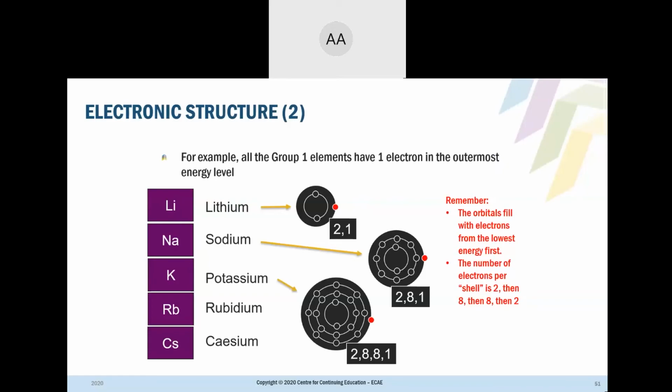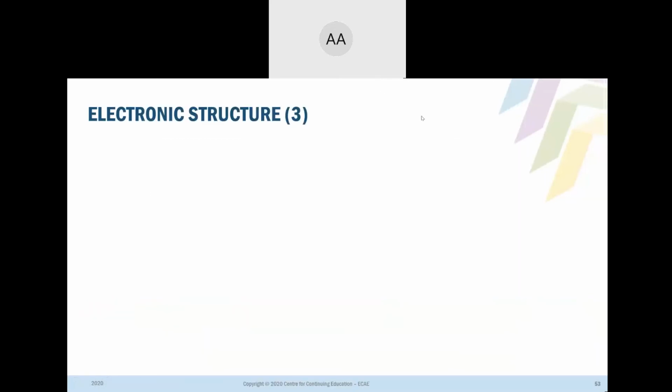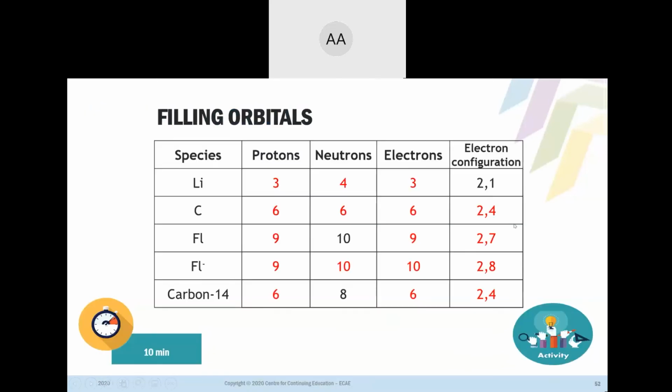Okay, let's have a look. Can we apply that? So just take a few minutes, see if you can fill in these orbitals. Keep in mind the rules that we just went through. Okay, great. Let's have a look and check if you got those answers right. I'm sure you did.